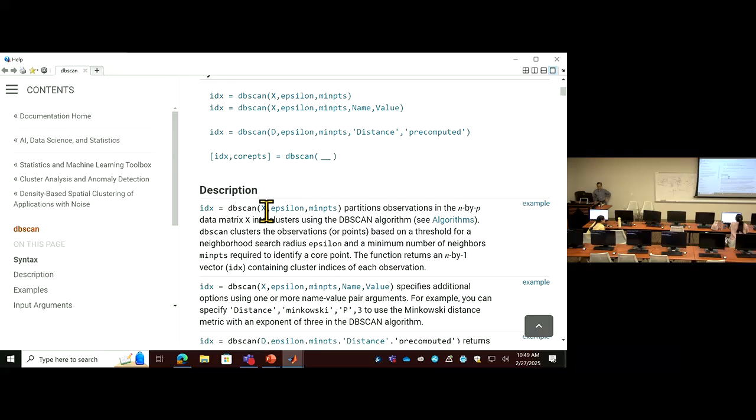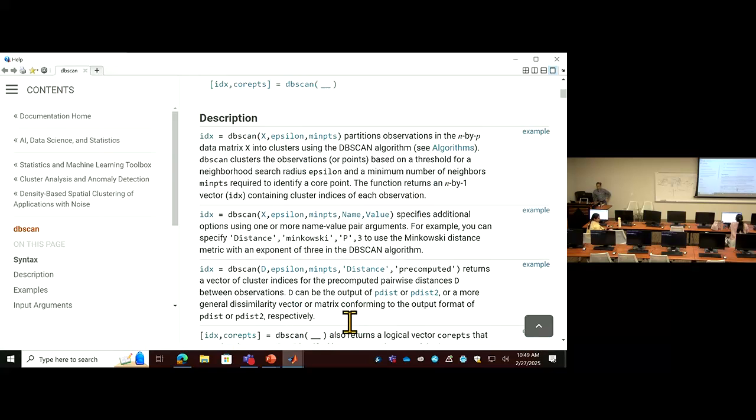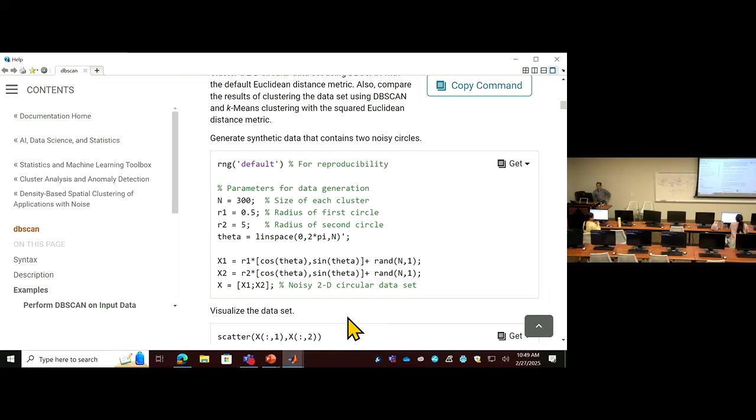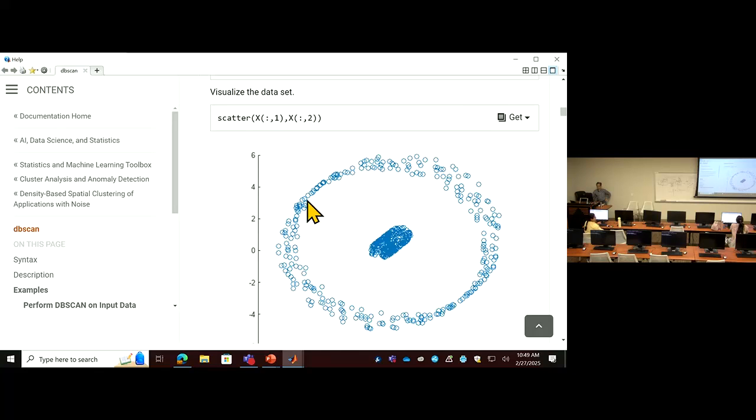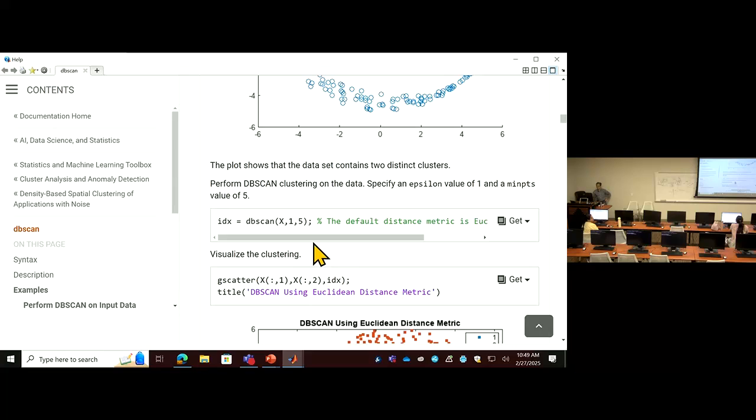In our case the input is not X, not the original, but the embedding, okay? If you look at the example here, this is the example data used as a test. So you have a scatter plot in 2D, with the points distributed like this. So dbscan takes those positions, X, and uses 1 and 5 as the two parameters.